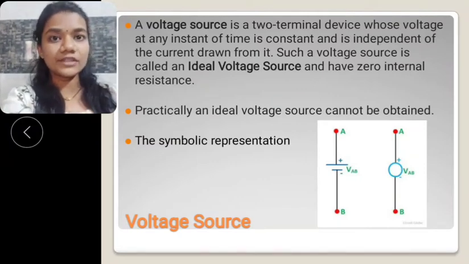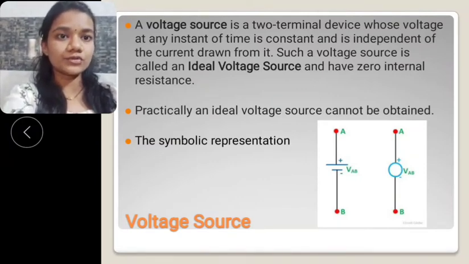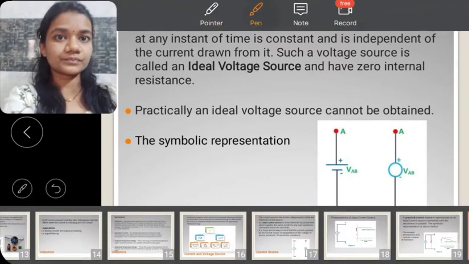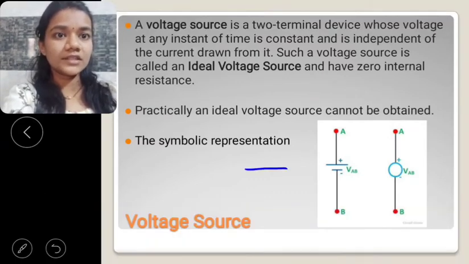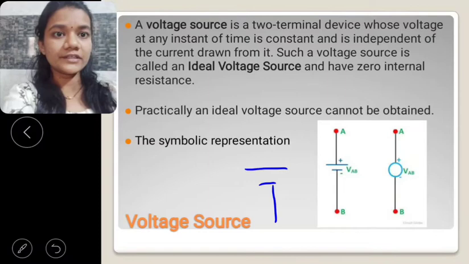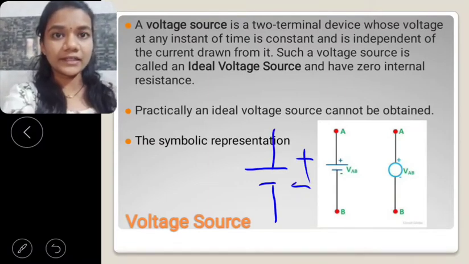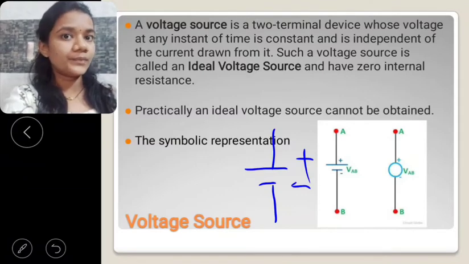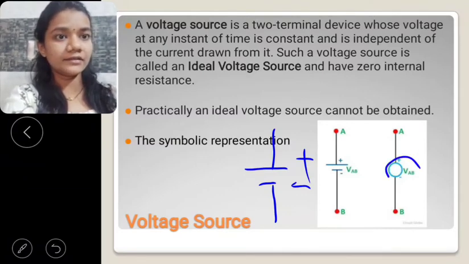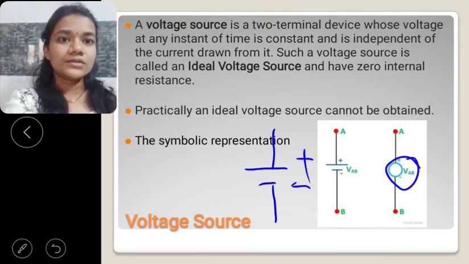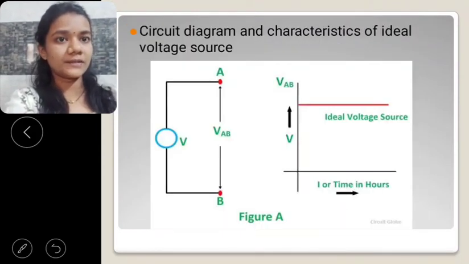In practical, when we perform, we show the voltage source like this. This is plus, and the small one indicates negative. Ideally this is a circle. These are the symbolic representations of a voltage source.